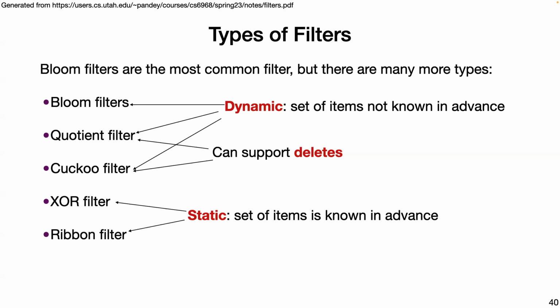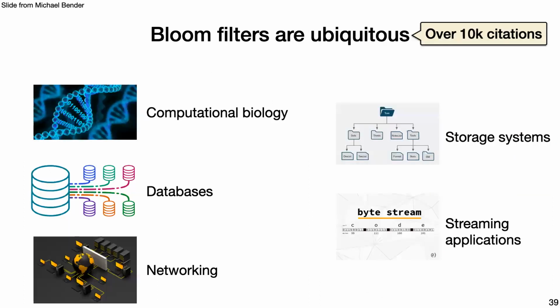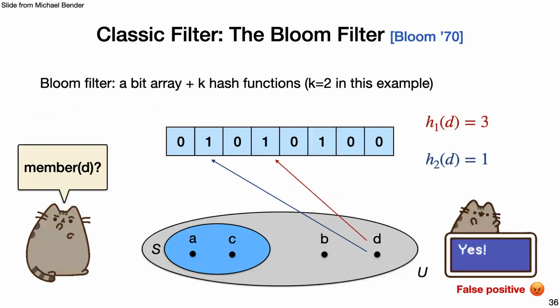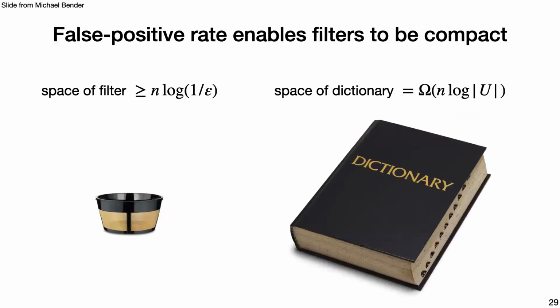On the first slide for the filter, there was the size of the dictionary as n log of the size of the universe. For the dictionary, yes. What is n here? n is the number of elements. You need log u bits to distinguish each element, where u is the universe size, and you have n elements.